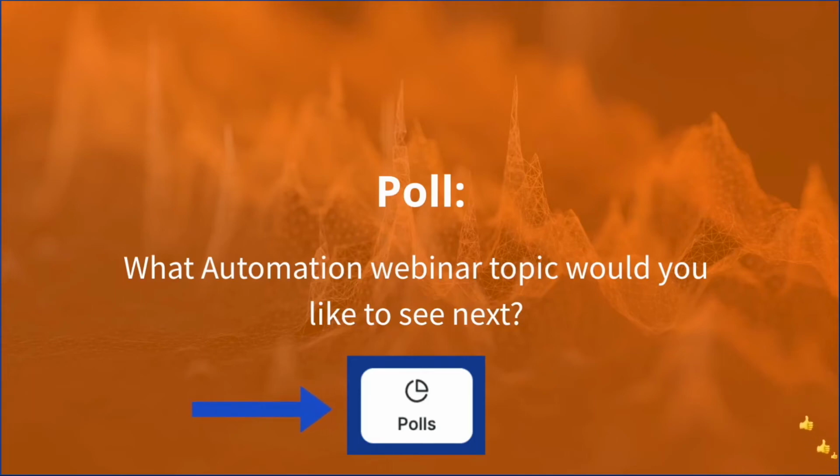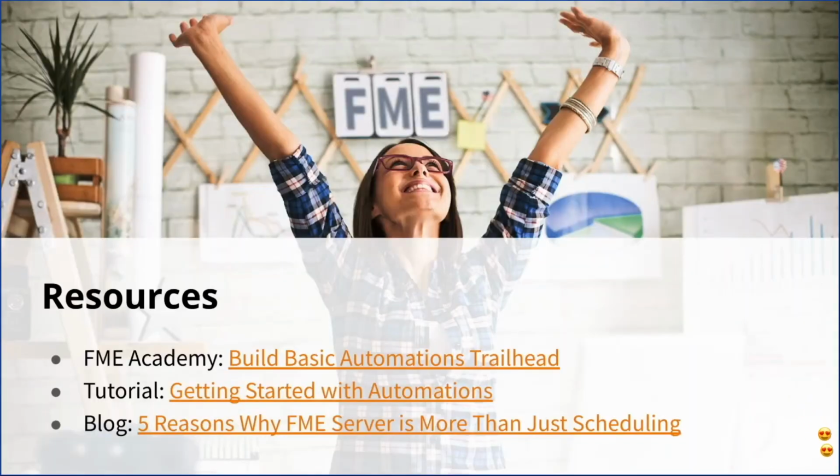Okay, so what we wanted to do was leave you with a couple of further resources, because the purpose of this webinar was really to explain the different components that make up automations. So we want to leave you with the tools to actually go away and be able to do this yourself as well.